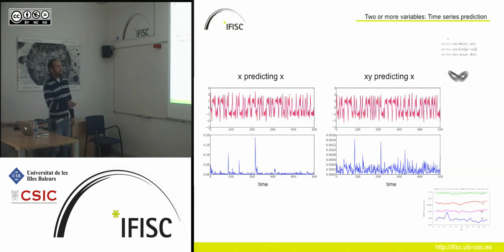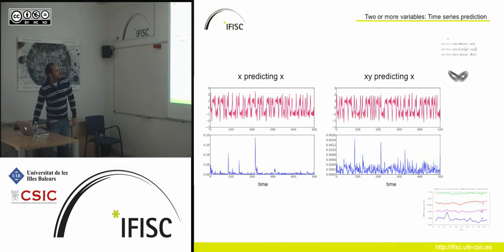Now, if you use not only x to train, but you use x and y, you are using more information of the system in order to predict the values of x. And if you do that, now the errors, or let's say the difference between these 2 time series, is smaller.